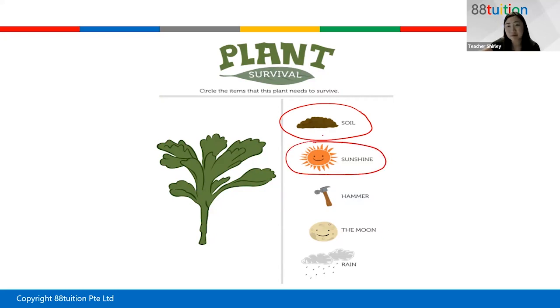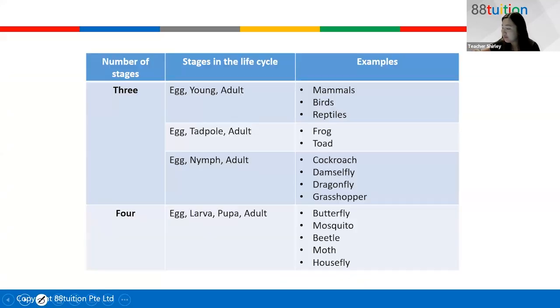Does the plant need a hammer? Does it need the moon? Does it need the rain? Yes, the rain gives it water, right? So these are the things that are needed for a plant to survive. This is just a quick activity.